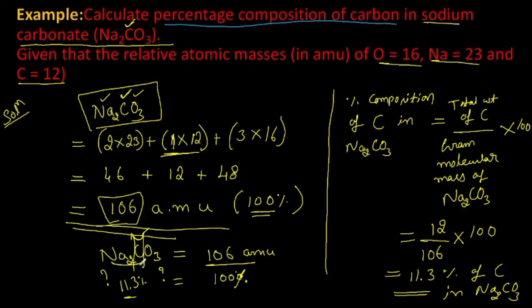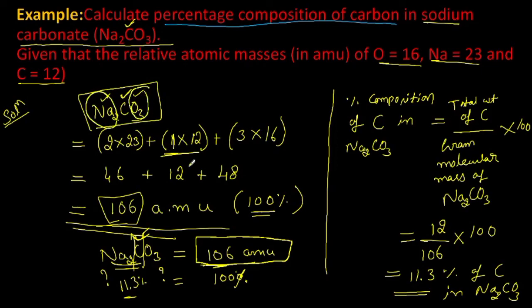So in this molecule, since the total molecular mass of the sodium carbonate is 106 AMU, out of this 11.3% of mass is contributed by the carbon, and the remaining mass is contributed by sodium and oxygen. So now if you understand this concept, you can also find the percentage composition of sodium and also for oxygen by yourself.